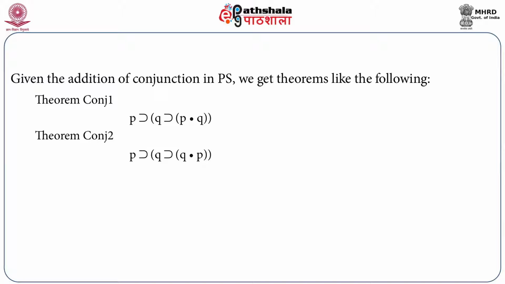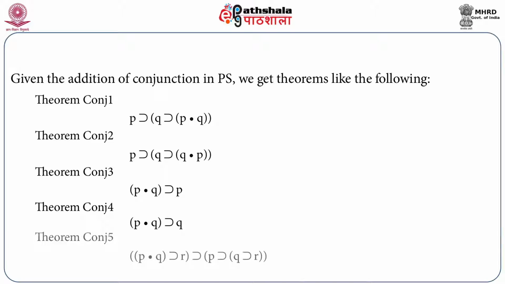If P, then Q implies Q and P. Theorem conjunction 3. If P and Q, then P. Theorem conjunction 4. If P and Q, then Q. Theorem conjunction 5. If P and Q implies R, then P implies Q implies R.